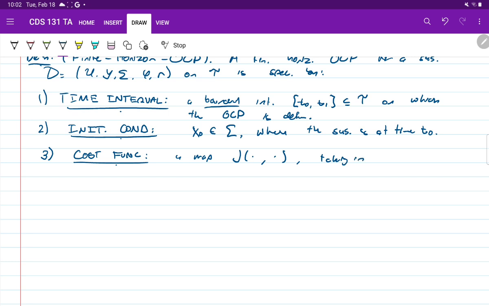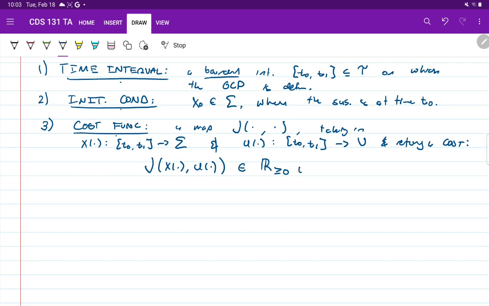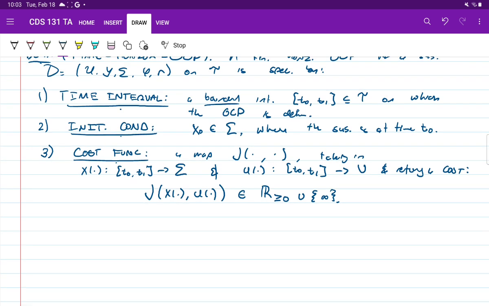So this is taking in a state trajectory on the interval [t0, t1] going to Sigma, and an input u, which will go from [t0, t1] to my input value space, and returning a cost, which I'll call J of x, u, which belongs to the non-negative real numbers and can potentially be infinite. Okay? So I'll talk about the reason for adding infinity in just a moment. Just keep it in the back of your mind for now.